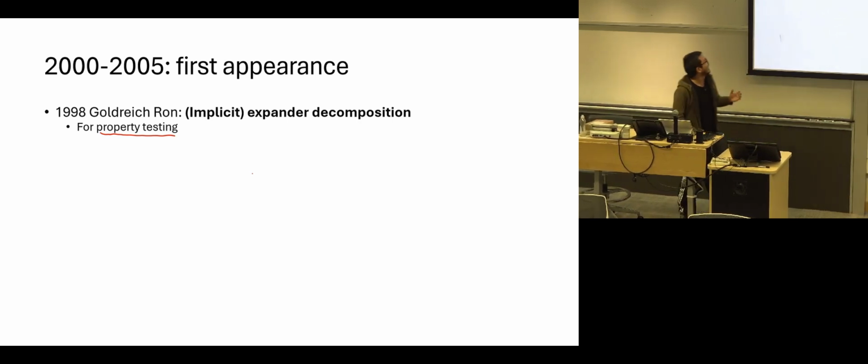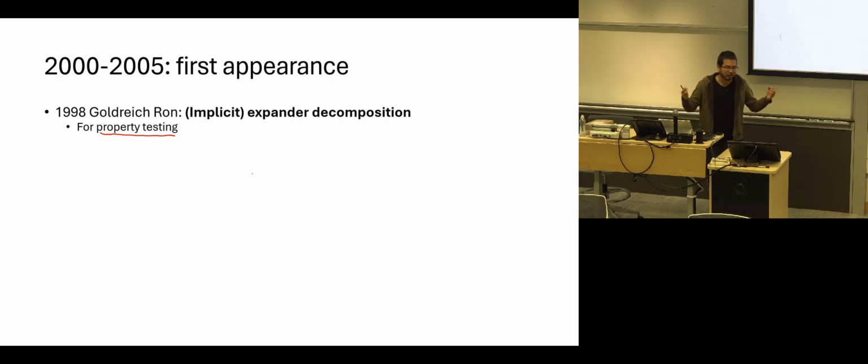Property testing is an area where you have a really huge graph and you want to test whether this graph satisfies some property in constant time. You don't even want to spend time proportional to the size of the graph.